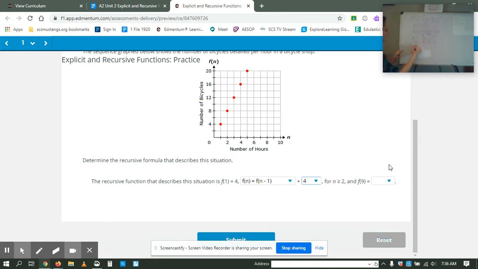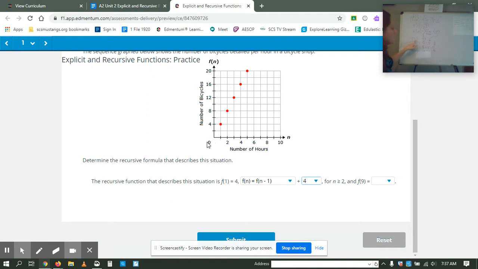So then if we find the third term, I'm going to take that term that came before, and add 4 to it. So 8 plus 4 gives us 12. And then I could do f of 4 is equal to the term before, 12 plus 4 is equal to 16.